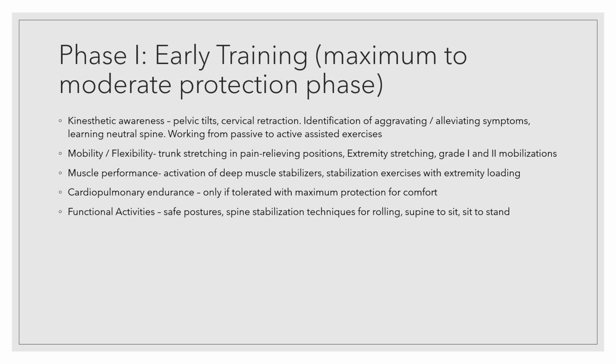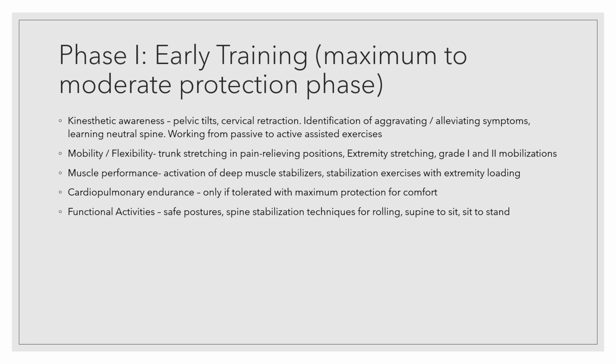During phase 1, so this is going to be our early training, it's going to be a maximum to moderate protection phase. We're going to focus on kinesthetic awareness with things like pelvic tilts and cervical retraction. Pelvic tilts in supine for lower back dysfunction, and cervical retraction also in supine for cervical dysfunction are going to be important for initiating exercise in order to increase that awareness and finding a neutral spine position.